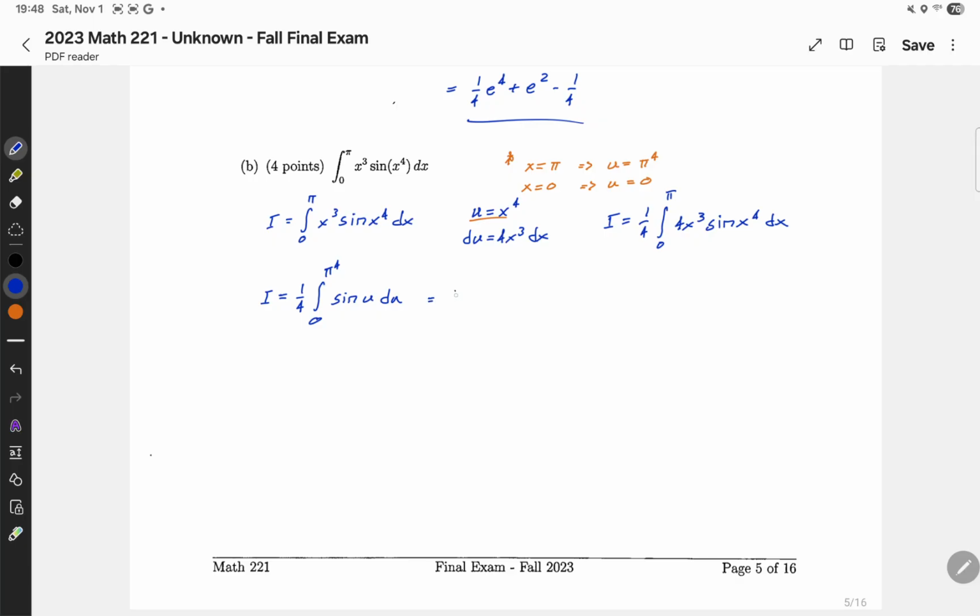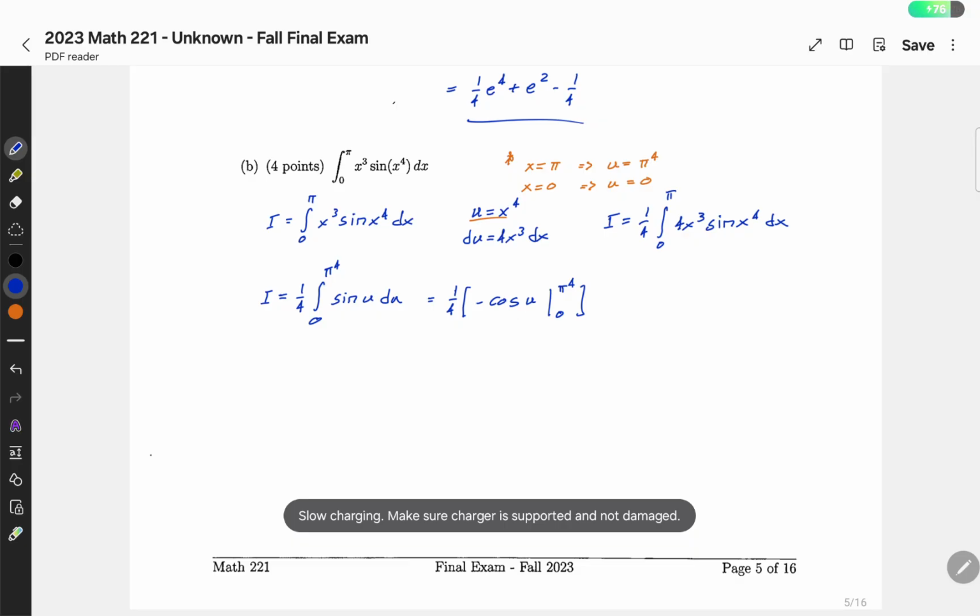Now we can say this is equal to 1/4. We're ready to integrate. The integral of sine is minus cosine. That's u from 0 to pi to the 4th, just like that.